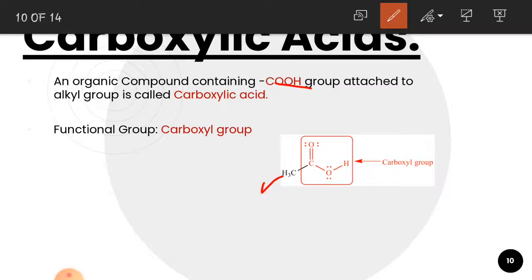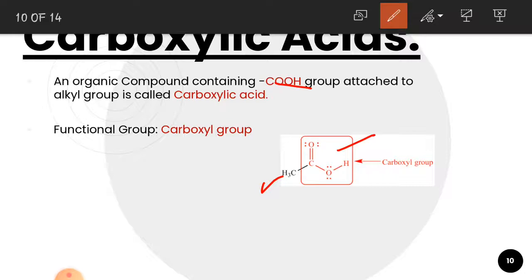This C double bond OH is called the carboxyl group, and any organic compound in which the carboxyl group is present will be classified as a carboxylic acid.